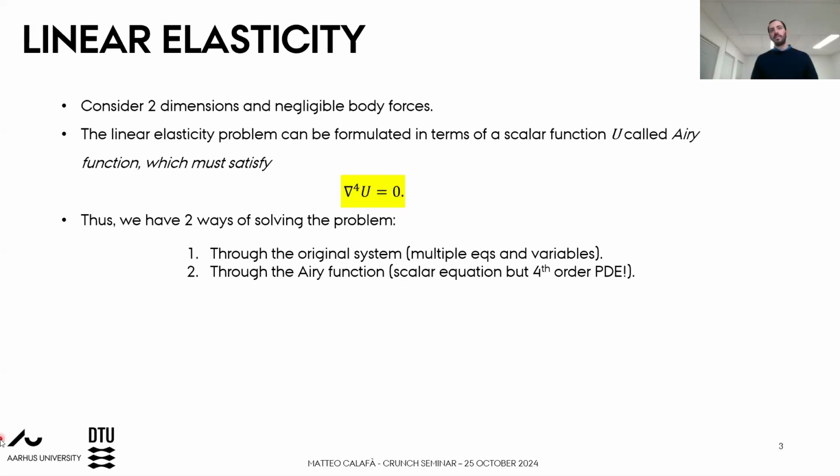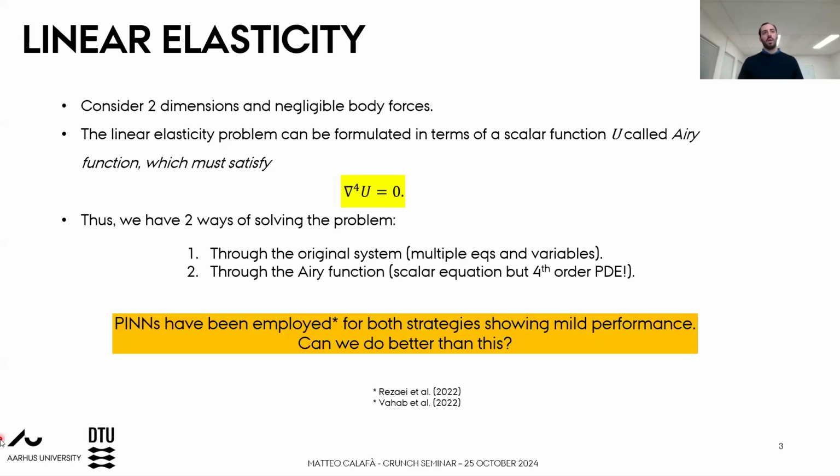So as often happens in nature, there is no free lunch: there is no alternative that is always better than the other. One option keeps second order PDEs, but involves multiple terms, and the other one instead increases the order of the PDE. So it depends on the practical purpose.